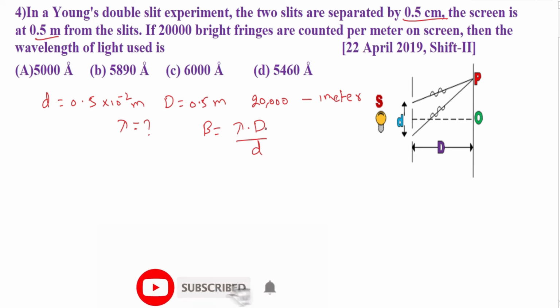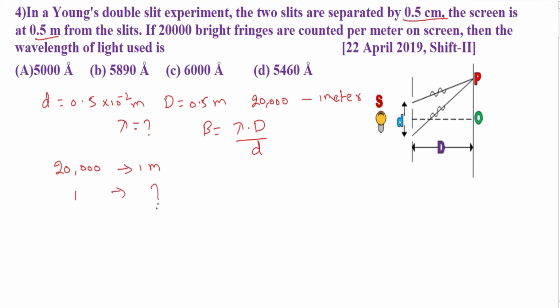The next point is, he said that 20,000 bright fringes will occupy a distance of 1 meter. Then one bright fringe will occupy a distance of how much? Which is nothing but our fringe width beta.